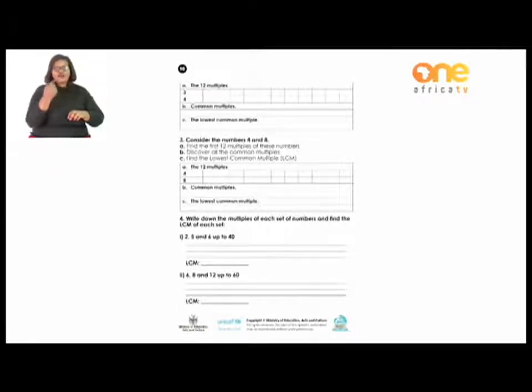The first set, we have 2, 5, and 6 up to 40. So you have to find the multiples of 2 up to 40, 5 up to 40, and the multiples of 6 up to 40. And number 2, you have to find the multiples of 6, the multiples of 8, and the multiples of 12 up to 60. And then you have to write down the LCM.